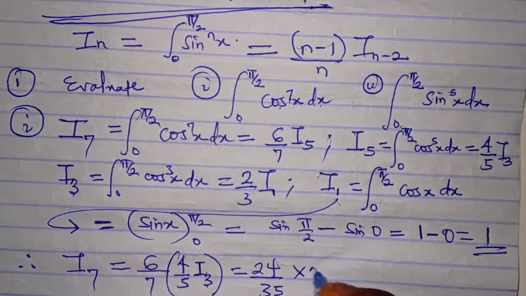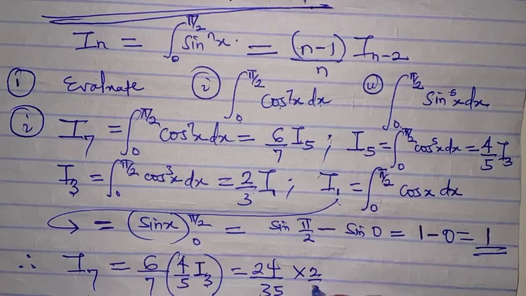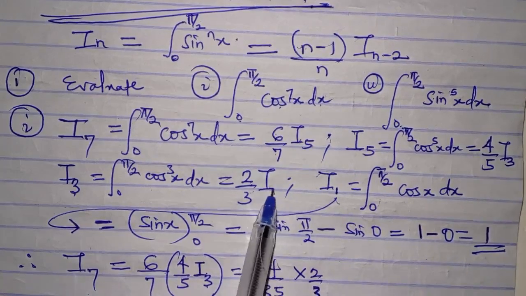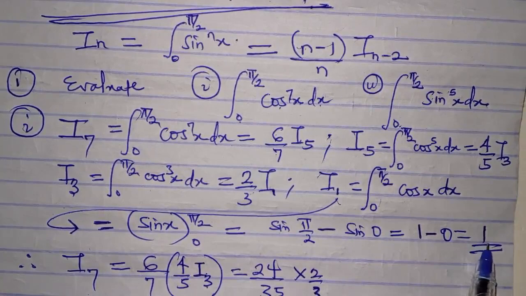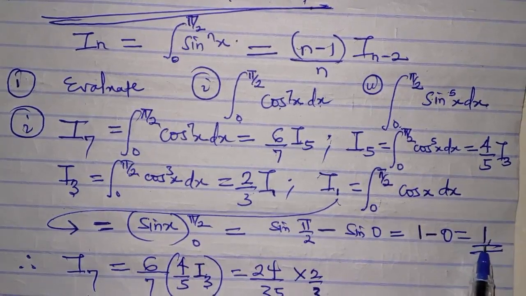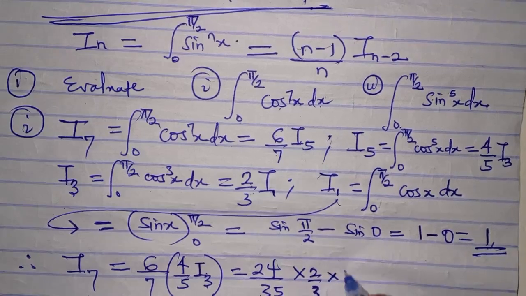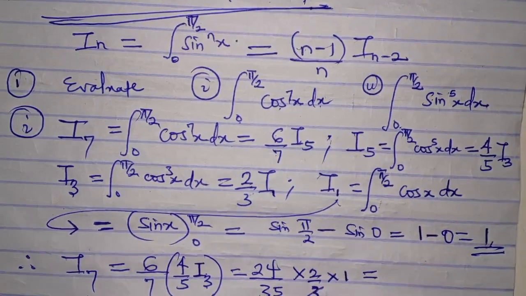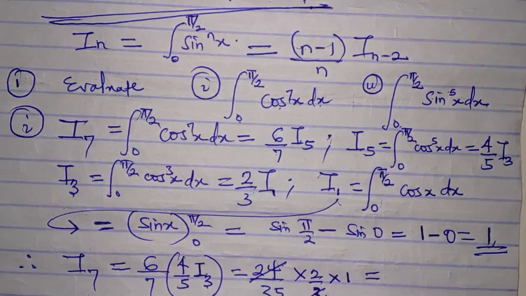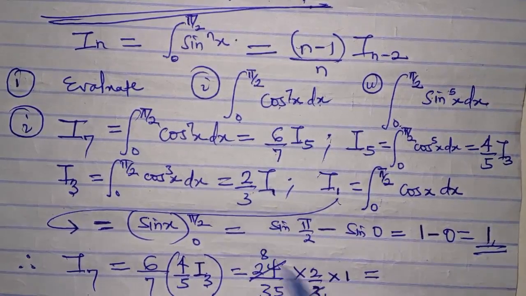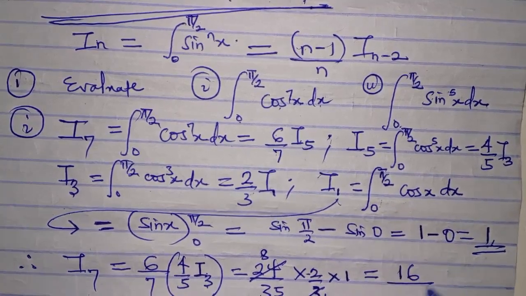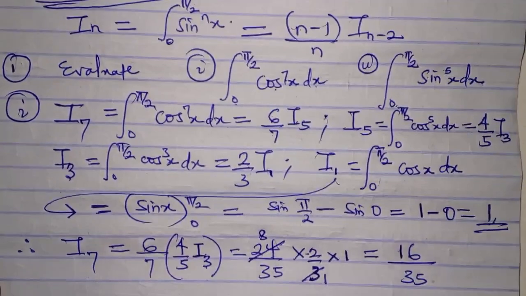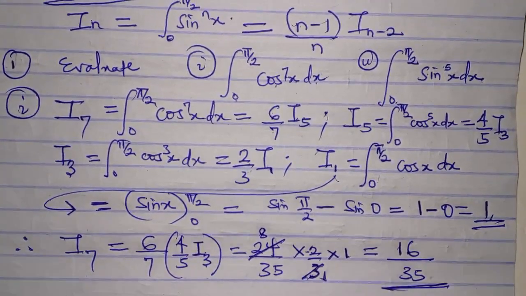In place of I1, I'll just write 1. So 3 times 8 is 24, and 8 times 2 is 16, times 1, so 16 over 35. This is the value of that integral.